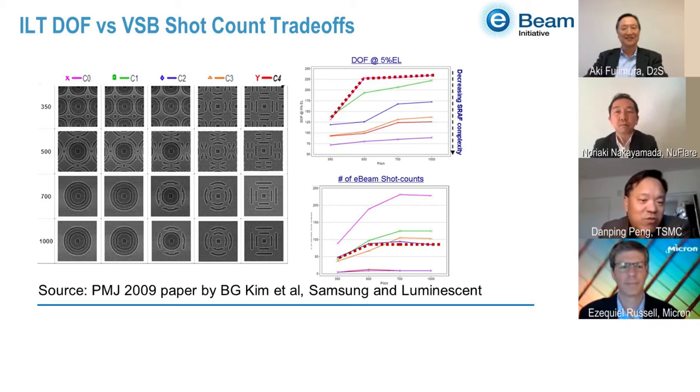When you go through the pitches, starting from the very tight ones and then going to the looser pitches, you get a solution with a bunch of rings, and from left to right, it becomes more and more conventional. And when you become more conventional, when you try to use Manhattan shapes, what you lose is process window at a given exposure latitude.